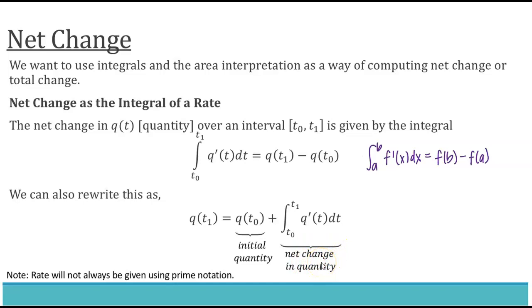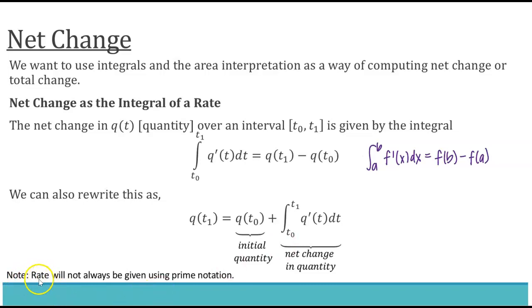So it should intuitively make sense that the quantity at some time 1 is equal to however much you started with, the initial quantity, plus the change in quantity over a time interval. Did you add to the initial quantity, or did you take away from the initial quantity?